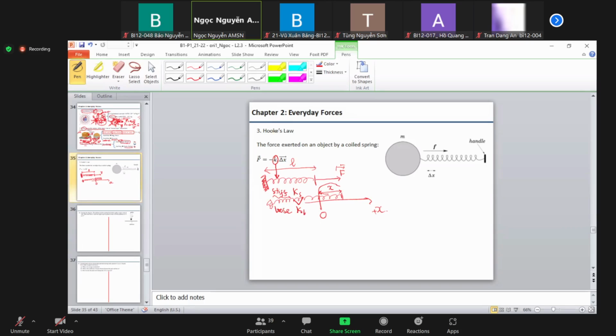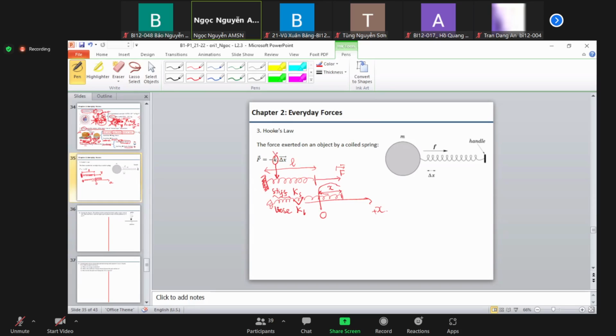What does this mean? It means you need a larger force acting on the spring to move the same displacement. So k here is just a constant, and it's one of the characteristics of the spring.